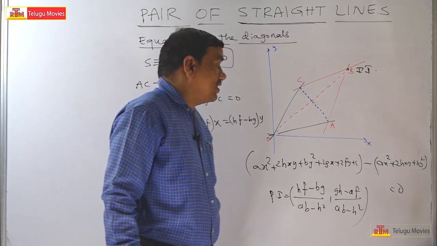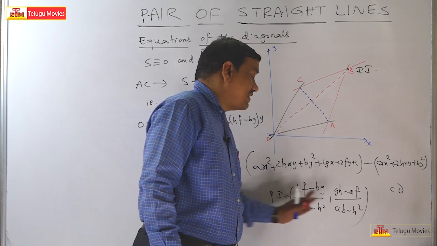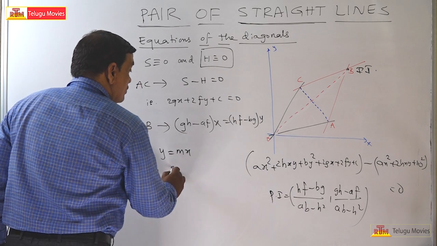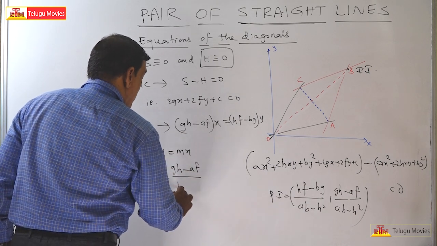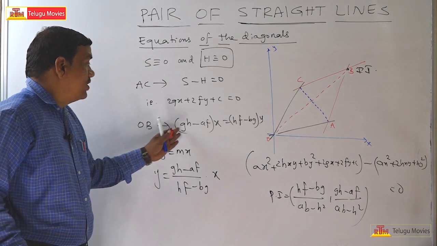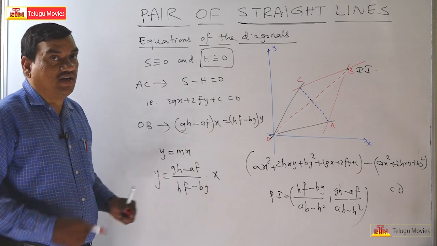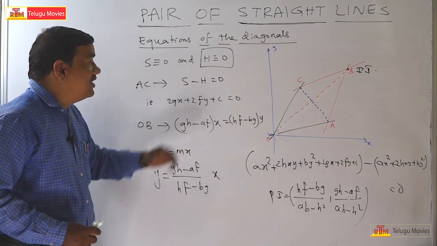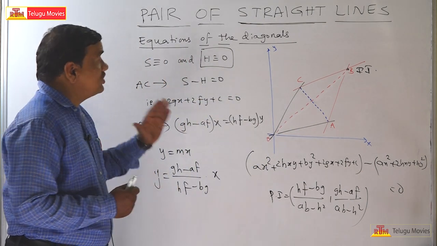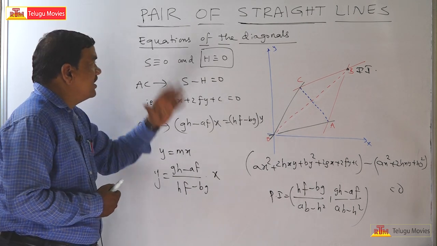Slope is (y2 - y1)/(x2 - x1), so y/x will come, and ab - h² cancels. So y/x = (gh - af)/(hf - bg). Cross multiplying, you get (hf - bg)y = (gh - af)x. This is the equation of the diagonal which passes through the origin. I hope you understand this concept, the equations of the diagonals.